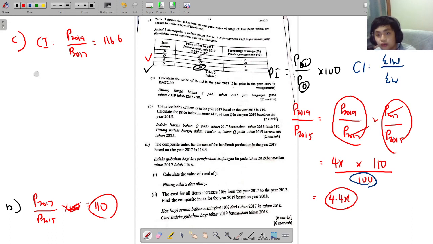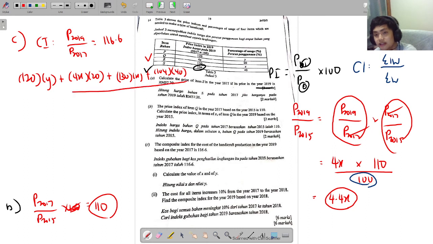So from here we can do 120 times y plus 4x times 20 plus 130 times x plus 104 times 40. The whole thing is going to be divided by y plus 20 plus x plus 40, and this is going to be equal to what they gave here, 116.6.